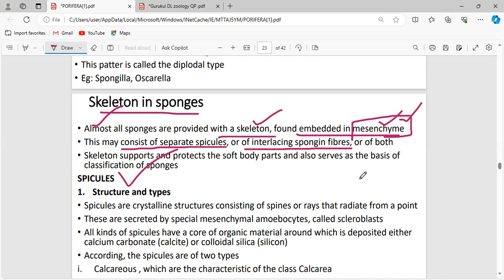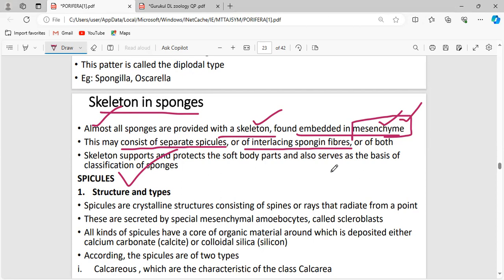So a question may be asked: in every species of sponge, both the spicules as well as the spongin fibers have to be present, and only then do they make up the skeletal system. The statement is completely wrong. The skeletal system is either made up of spicules, or of spongin fibers, or of both spicules and spongin fibers.